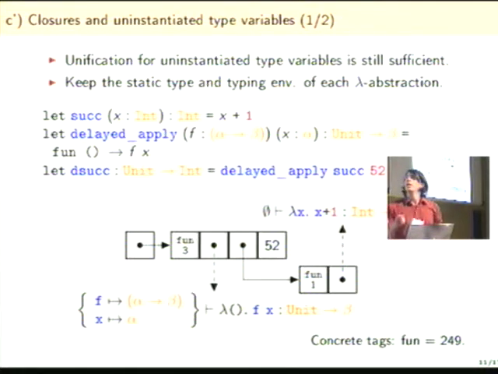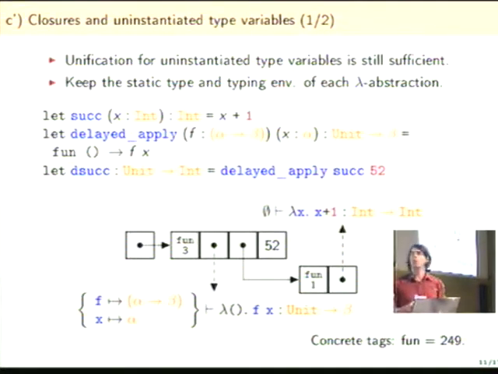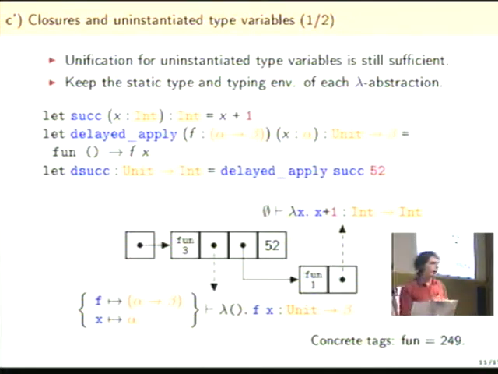And luckily, all the mechanisms we introduced for handling GADTs could be used to type check closures, provided we are able to marshal and unmarshal closures, meaning we are able to rebind the code pointer, and provided we are able to associate to each code pointer its static type and the corresponding typing environment.